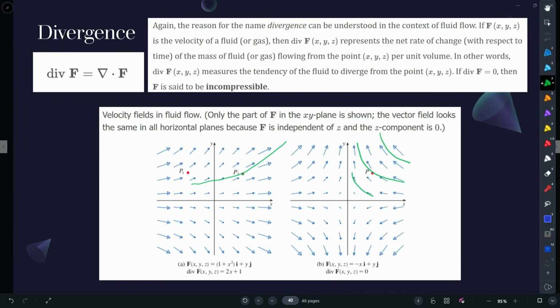Here the flow is going at a constant rate in a given line, while here it is accelerating, and the flow is going faster as you move away from the point. So that's what the divergence is measuring, being some number or being 0.